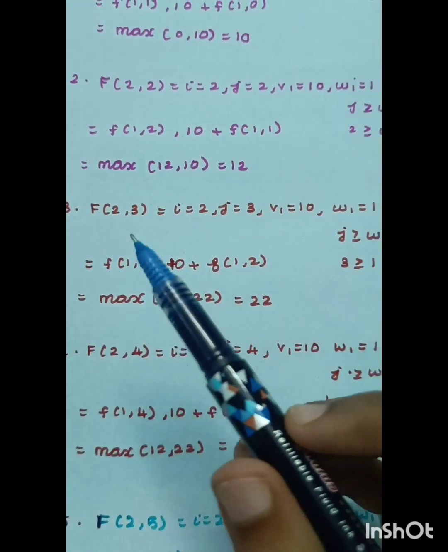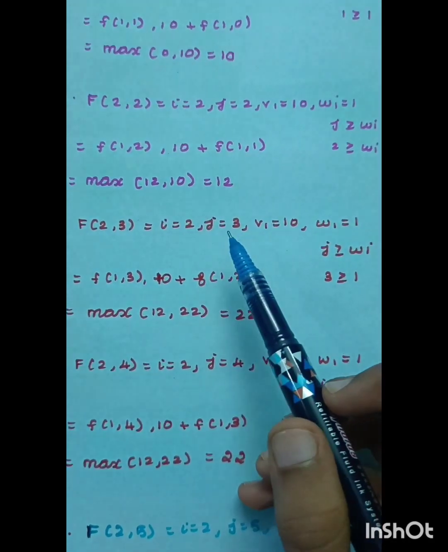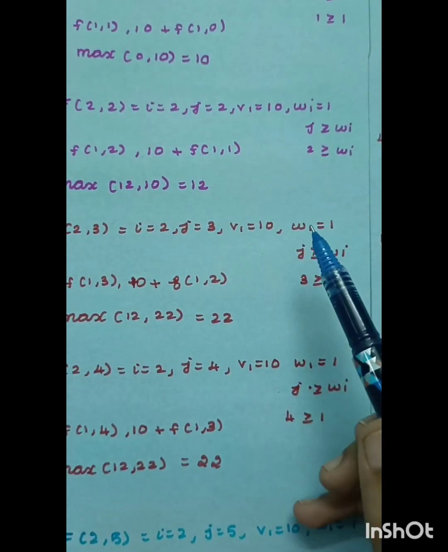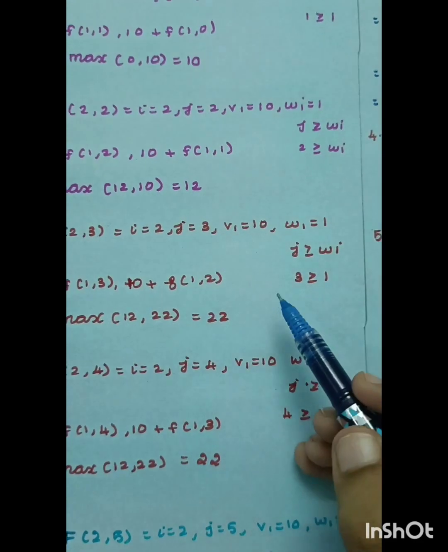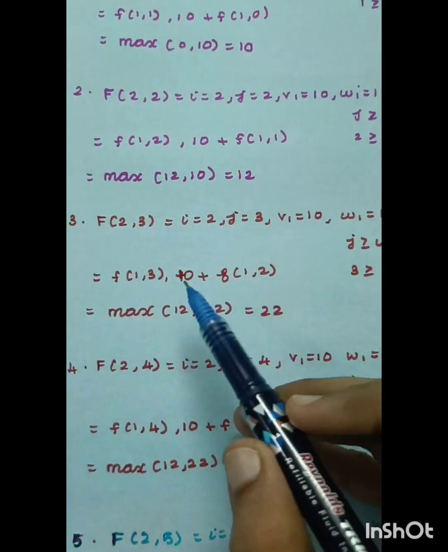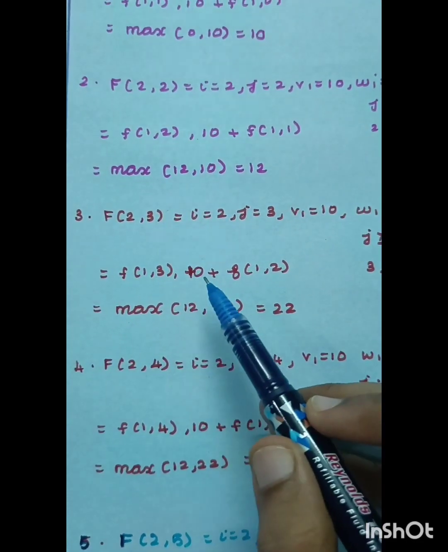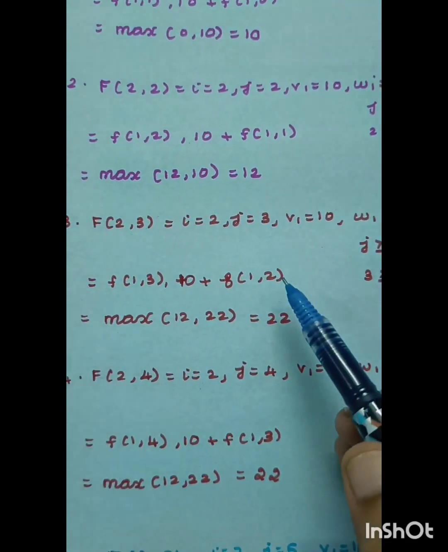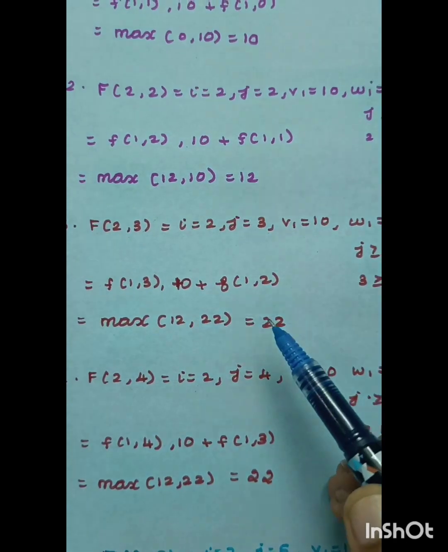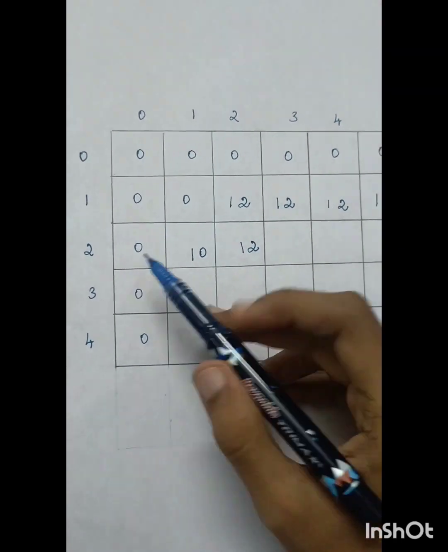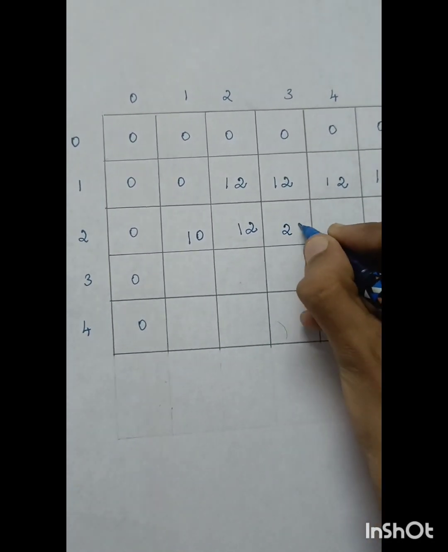Similarly for f of 2 comma 3, i equal to 2, j equal to 3, v1 equal to 10, w1 equal to 1. J is 3 and w1 is 1. 3 is greater than or equal to 1. F of 1 comma 3 comma 10 plus f of 1 comma 2, max of 12 comma 22 which is equal to 22. So in the matrix box for 2 comma 3 we have to fill the value as 22.